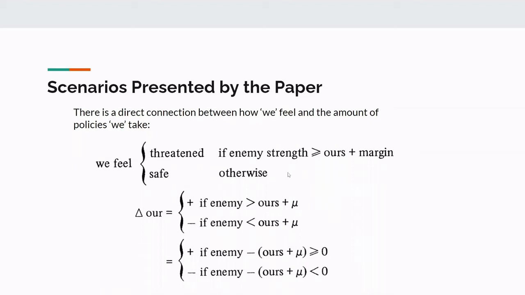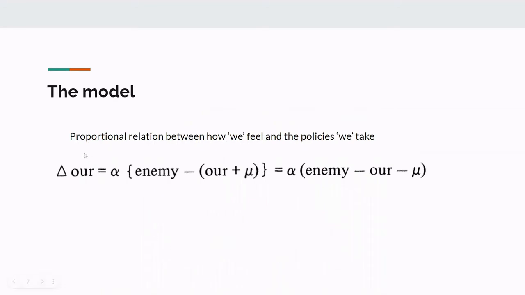And we feel safe if this is not the case. Rearranging these variables, he came with this relation, which happens to be proportional among these variables, which yields this model where our policies are directly proportional to the enemy's minus ours plus the margin of strength.